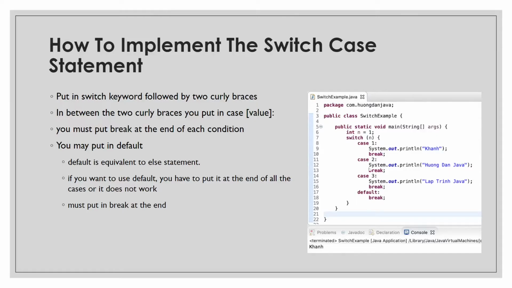Then you put in curly braces, and between them you put the case statements and what the variable might be equal to. Is it equal to 1? Is it equal to 2? Is it equal to 3? And so on and so forth. Then you have to put in the colon here or else nothing is going to work.